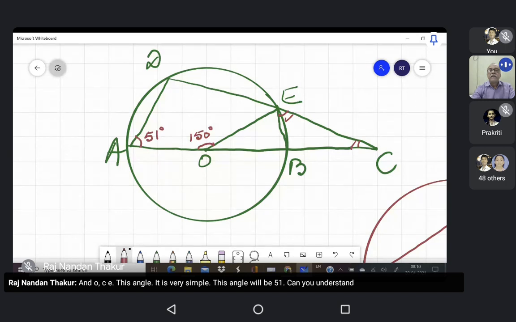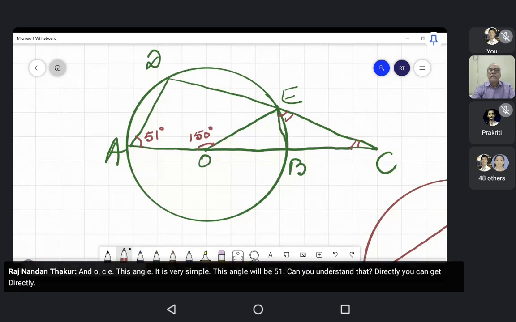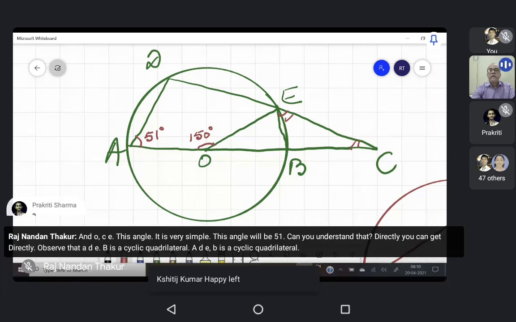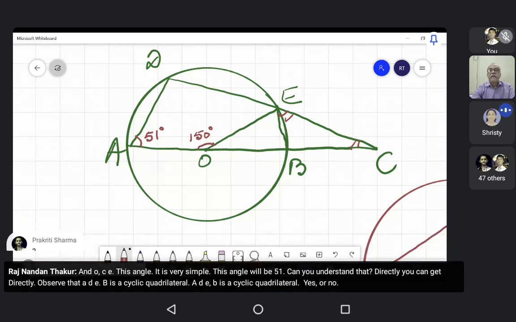Can you understand that directly? We can get it directly. Observe that ADEB is a cyclic quadrilateral. Yes or no? Yes, sir.